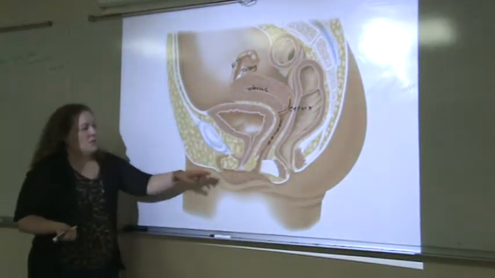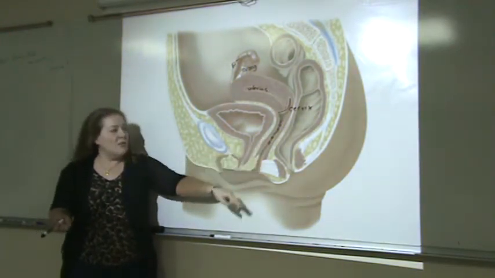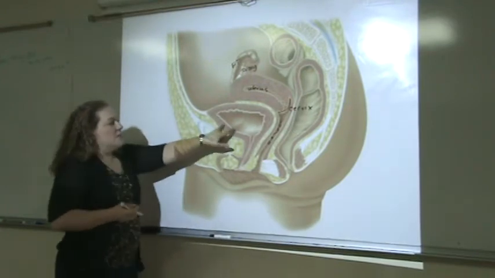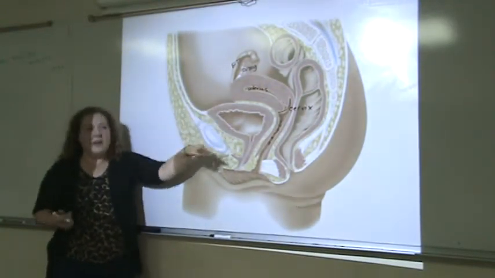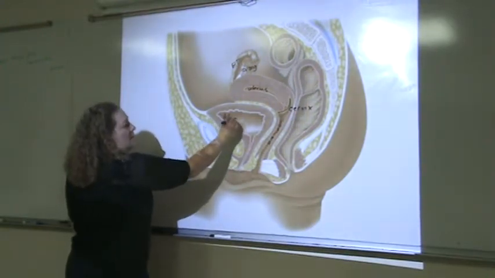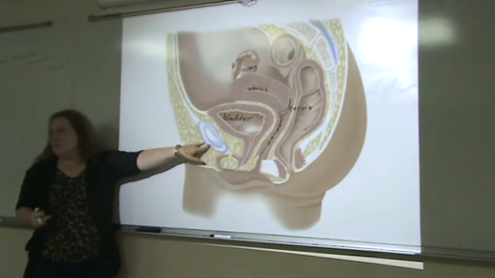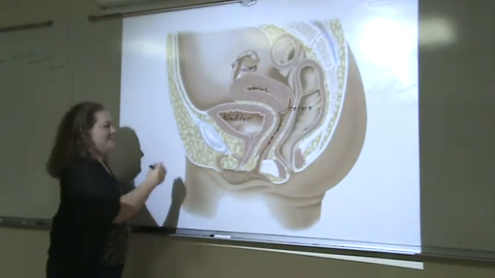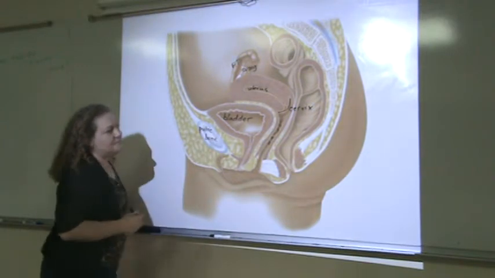Vagina, or this can also be called vaginal canal. What's this one? Bladder. Uterus above the bladder. What bone is this? Pubic bone. Yeah.